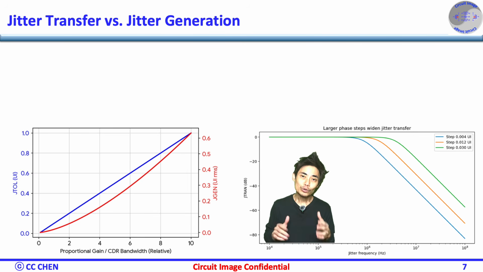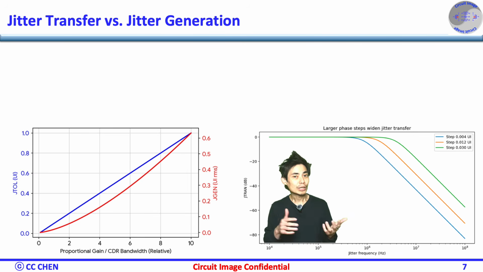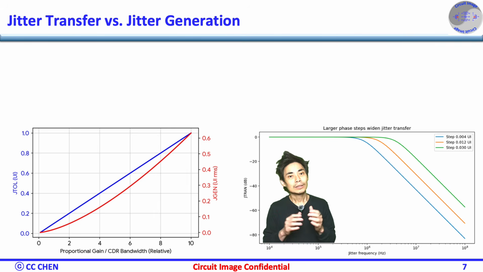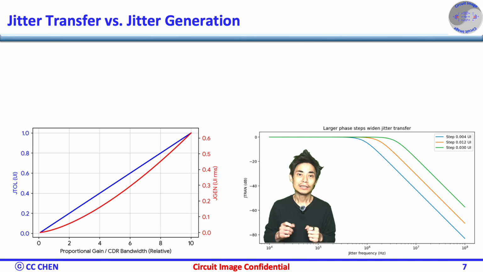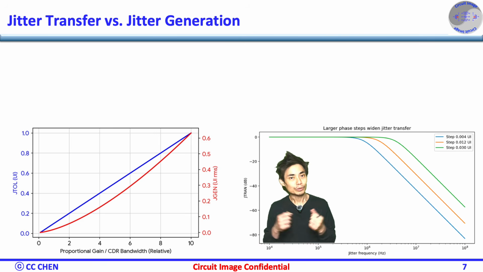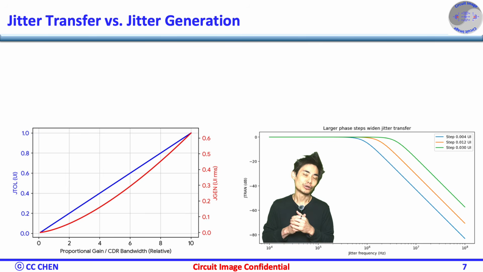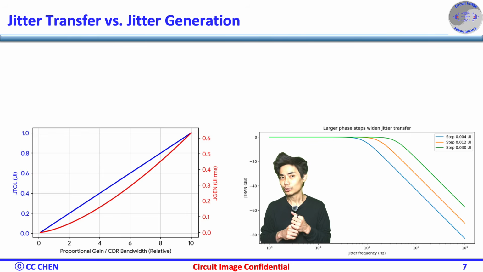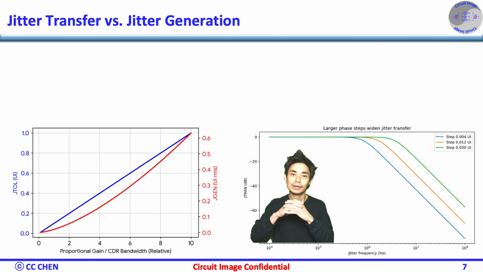This means you can tune the loop to pass jitter tolerance but still fail recovered clock jitter. You may improve the tolerance mask but increase jitter generation. So CDR bandwidth is not one-dimensional. You need to check jitter tolerance, jitter transfer, and jitter generation together.